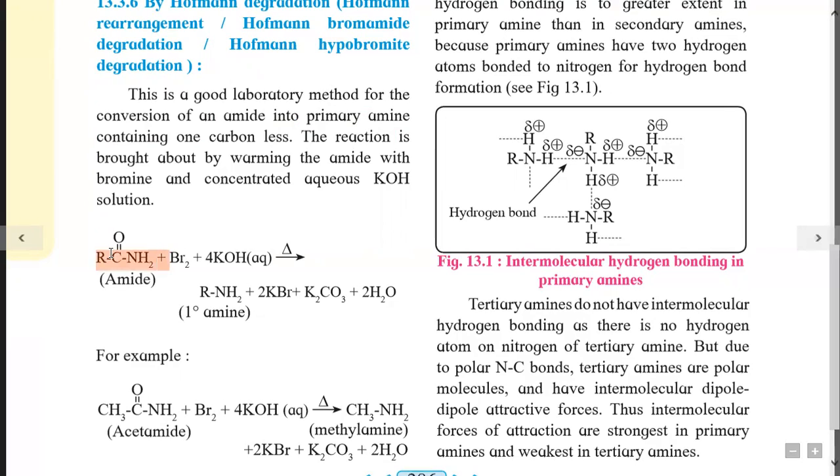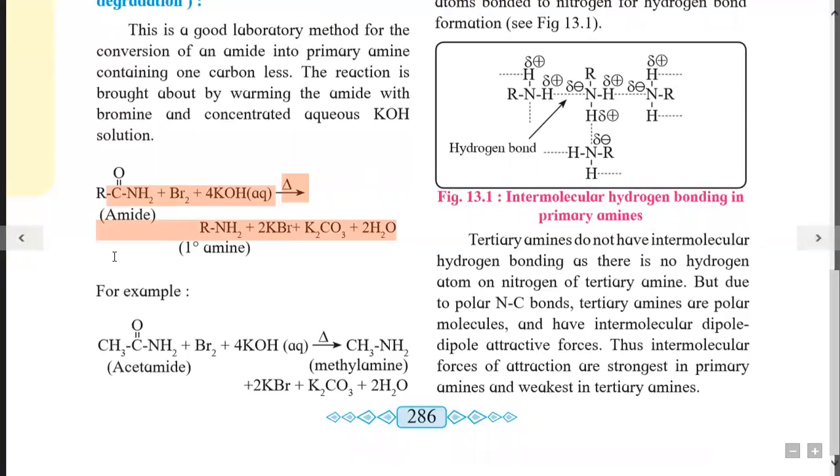The general formula of amide is RC double bond O NH2, which when treated with bromine and aqueous KOH, 4 molecules, and heated, gives the R group and NH2 group as RNH2, that is a primary amine. The side products are 2KBr plus K2CO3 plus 2H2O. So from amide, we get primary amine containing 1 carbon less.